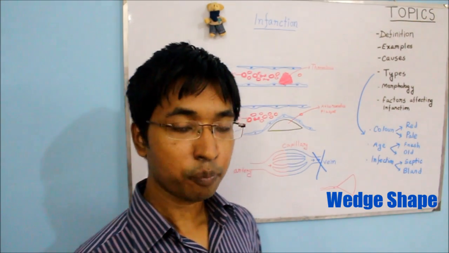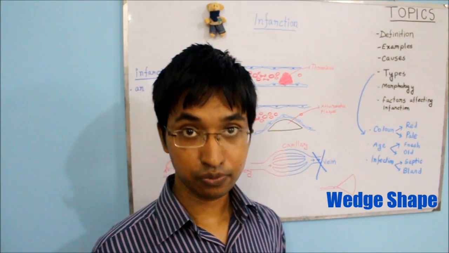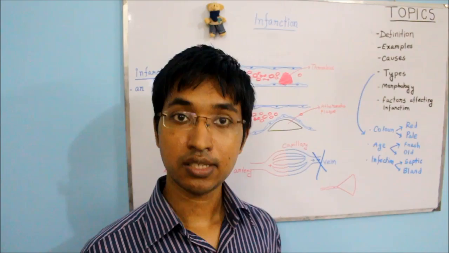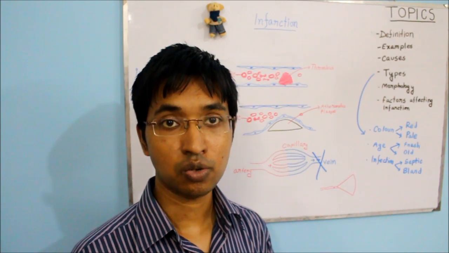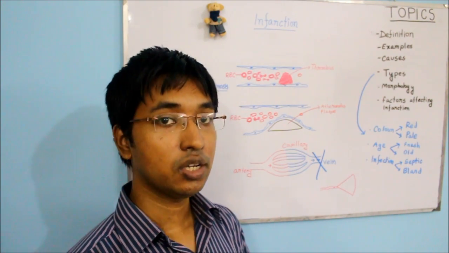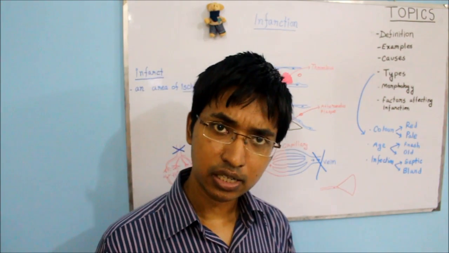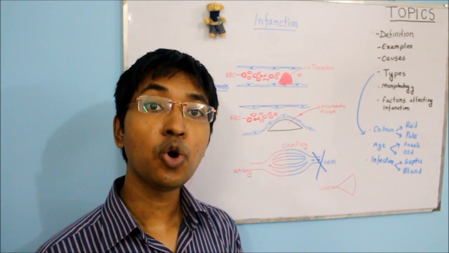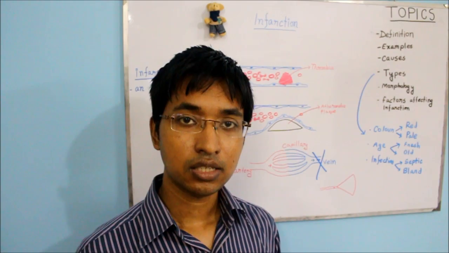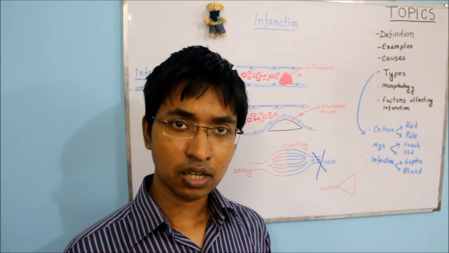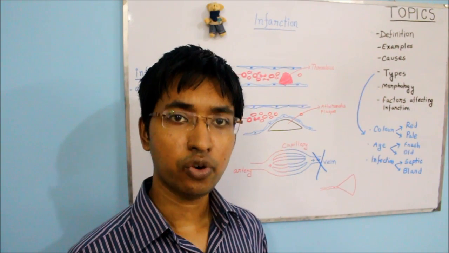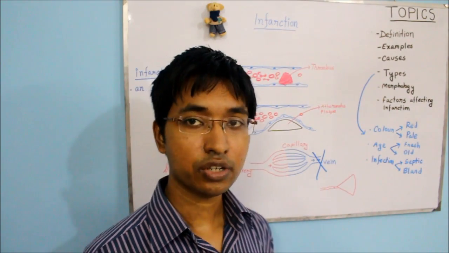Moving on to the topic of fresh and old infarct, I had previously said that I will talk about those things once we are in the morphology section. So initially the infarct will be poorly defined, and there will be slight features of hemorrhage in the area of infarction.